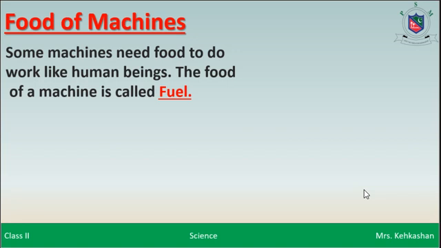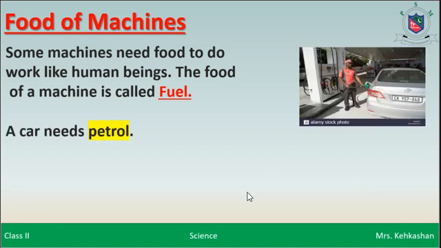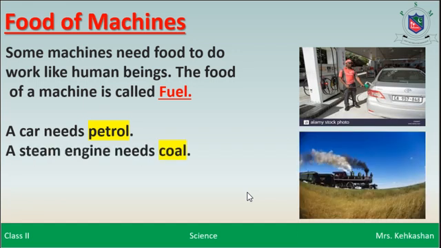What is the food of a machine? Fuel. Like a car needs petrol. If your car has no petrol in it, it cannot work. So a car needs petrol as a fuel. A steam engine needs coal.